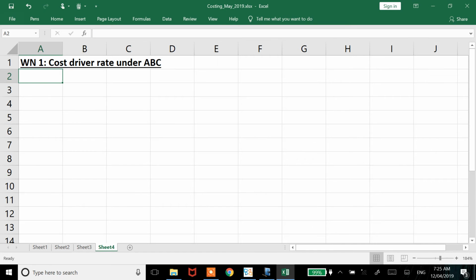You could have learnt it in different formats. You can follow them. I use 5 columns: activity, total cost, cost driver name, cost driver quantity, and cost driver rate.